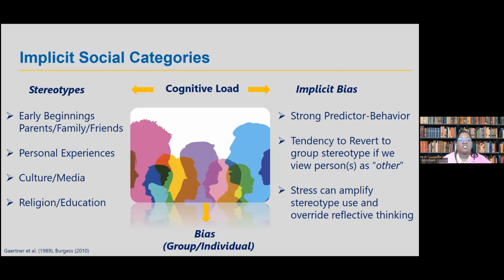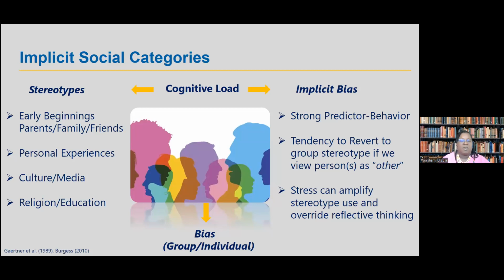And they often tend to strengthen over time. This can impact, once again, as we think about those early beginnings from personal experiences, from culture, from media, our exposure to religion, our exposure to education, and those that are within our social groups can shape the way that ultimately we form stereotypes, and once again, can shape implicit bias.